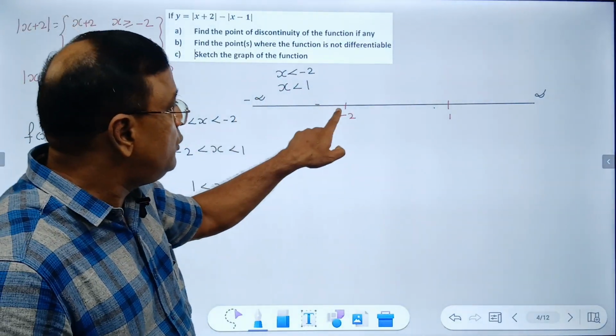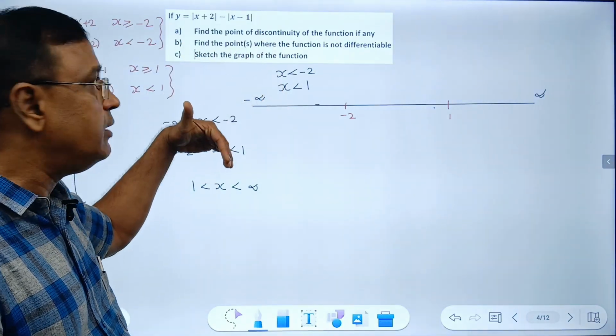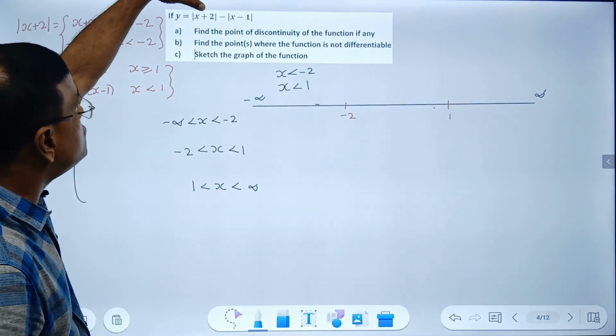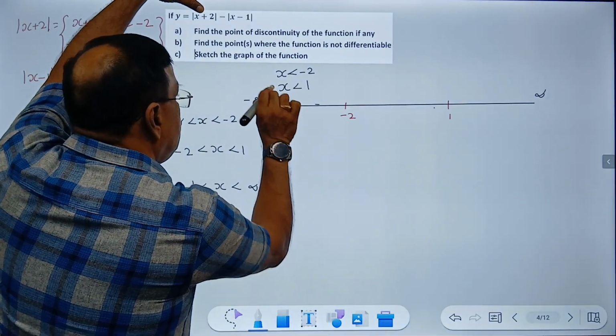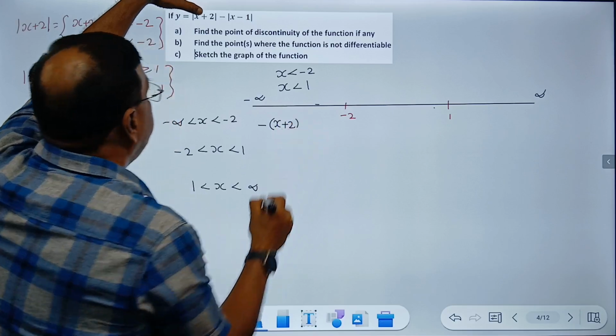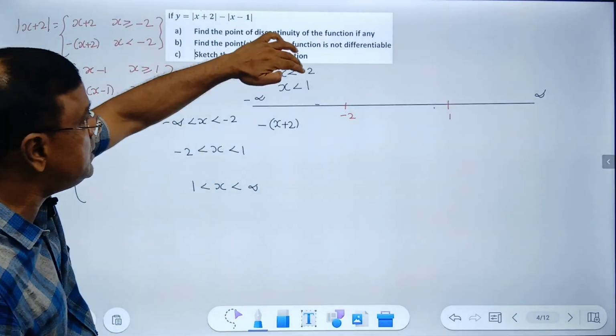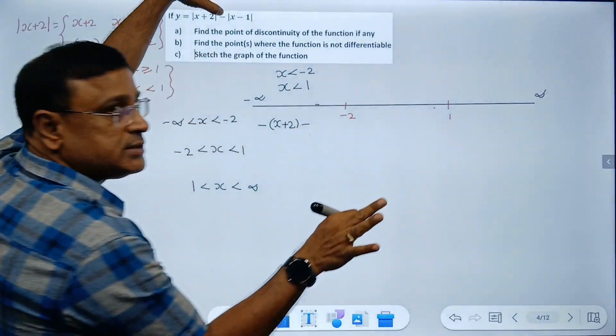From minus infinity to minus 2, my values are less than minus 2 as well as less than 1. So if it is less than minus 2, what is the definition of modulus? It will be minus of x plus 2, because it is less than minus 2. This minus sign is already there, so put that minus sign.